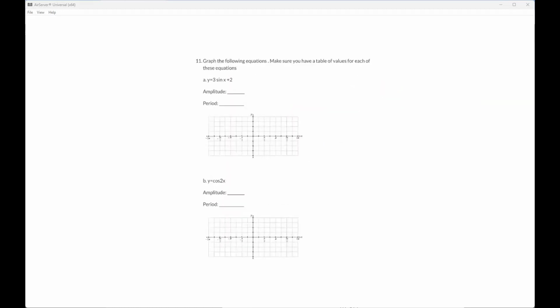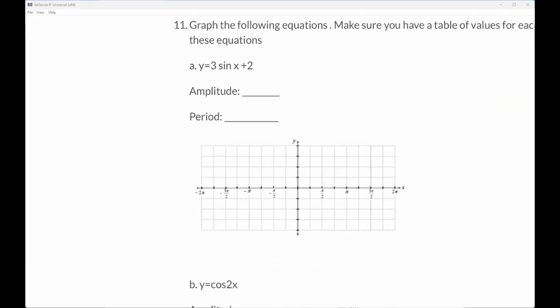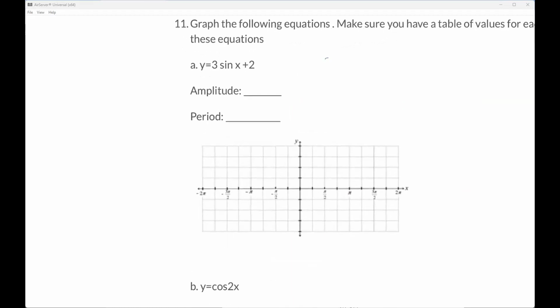Next one is 3 sine x plus 2. All right. I would just graph 3 sine x and then just say that you're shifting it up 2. Okay, so the amplitude is 3, period is 2 pi, because the b is 2 pi. All right, so 3, so if I go here, 3.